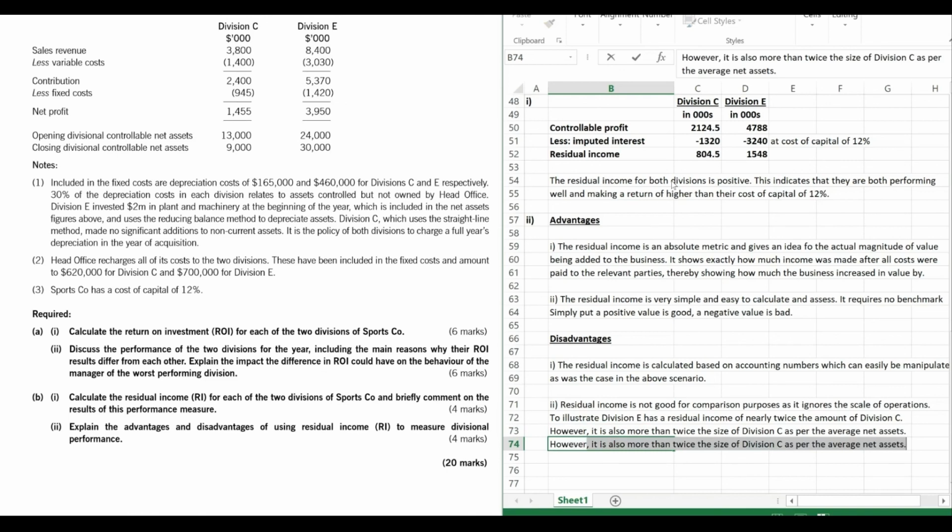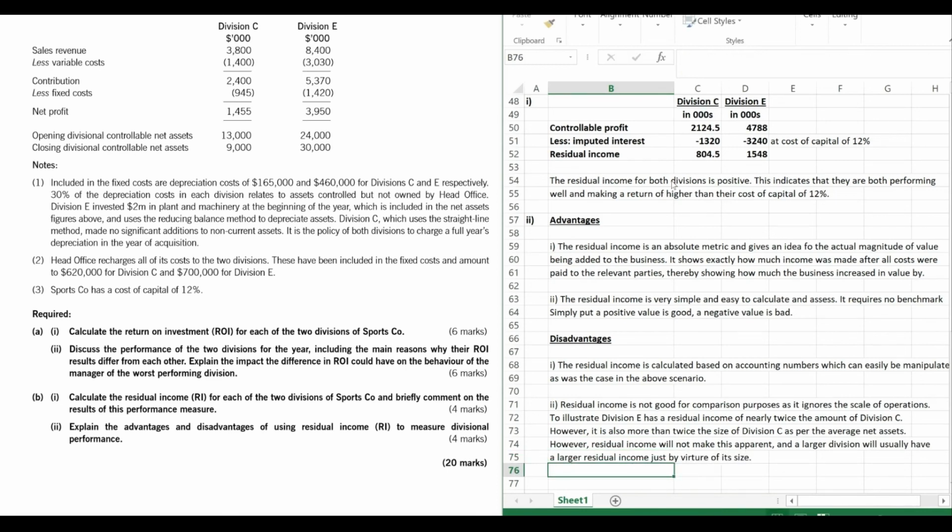However, residual income will not make this apparent, and a larger division will usually have a larger residual income just by virtue of its size.